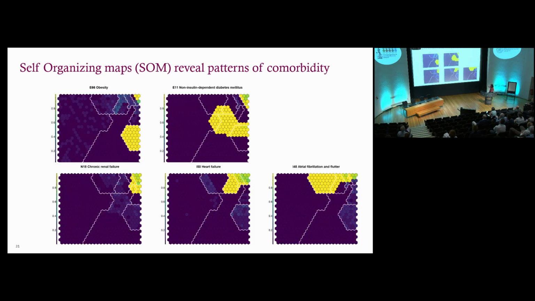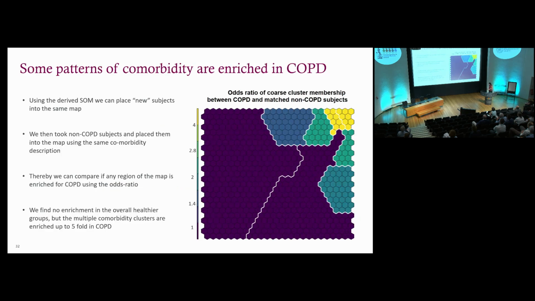In this slide, we show some more comorbidities, and you clearly see that the different clusters, which are indicated by the white lines, are enriched in different comorbidities. To identify now the comorbidity clusters that are enriched with COPD patients, we also have to place non-COPD subjects into this map using the same comorbidity description.